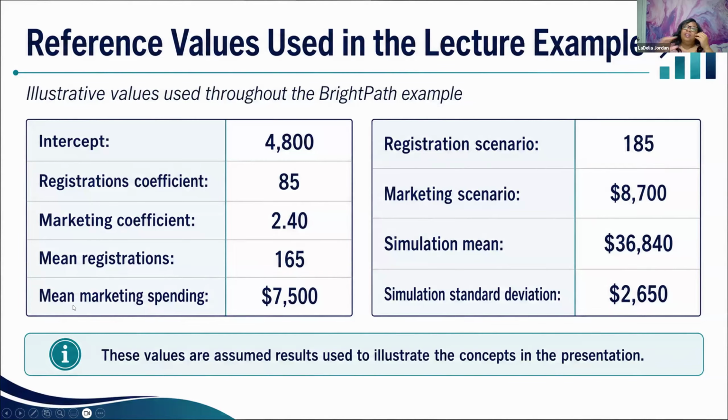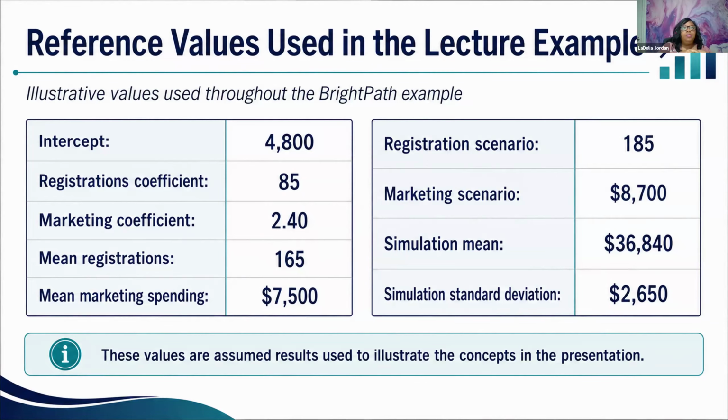For here, we're going to pretend that we already ran our model. We already know what our intercept is, what our registrations coefficient is. We know the marketing coefficient because we've already created our model and ran it for this example.